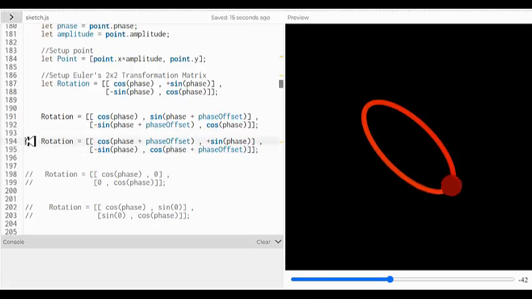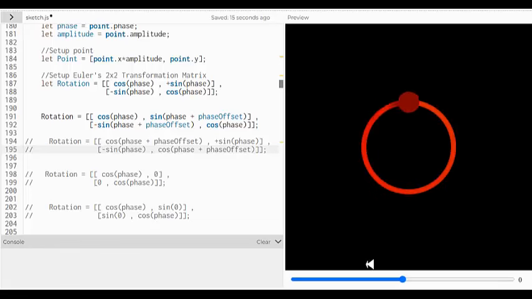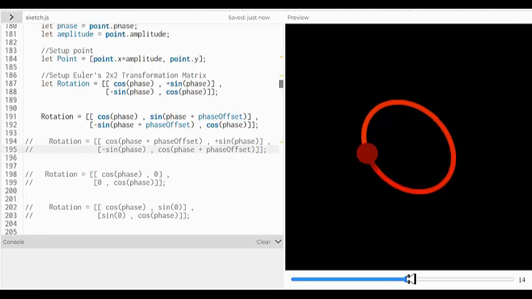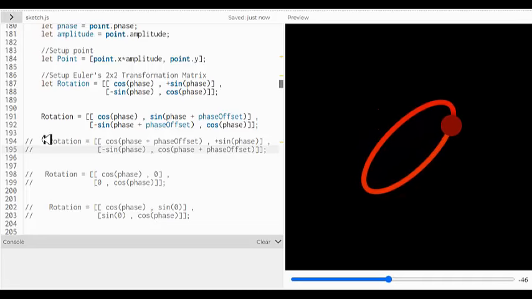Whereas with the previous one, let's go back to it quickly, when I go in the positive direction, the ellipse is to the left, and when I go in the negative direction, the ellipse is to the right.